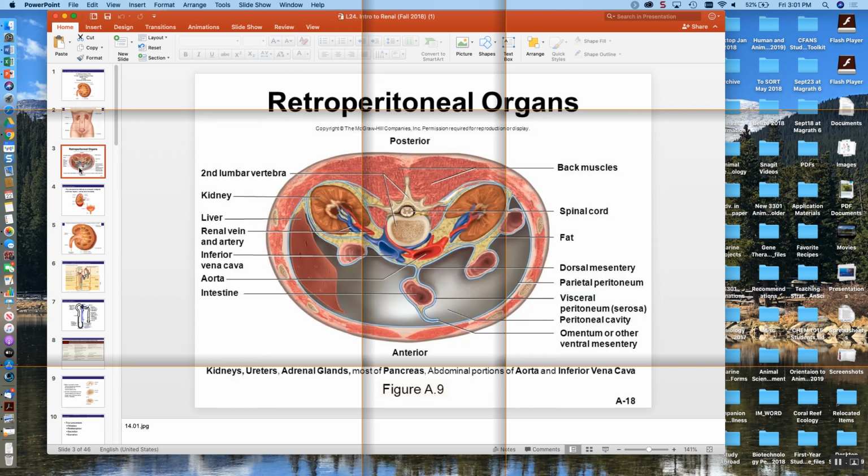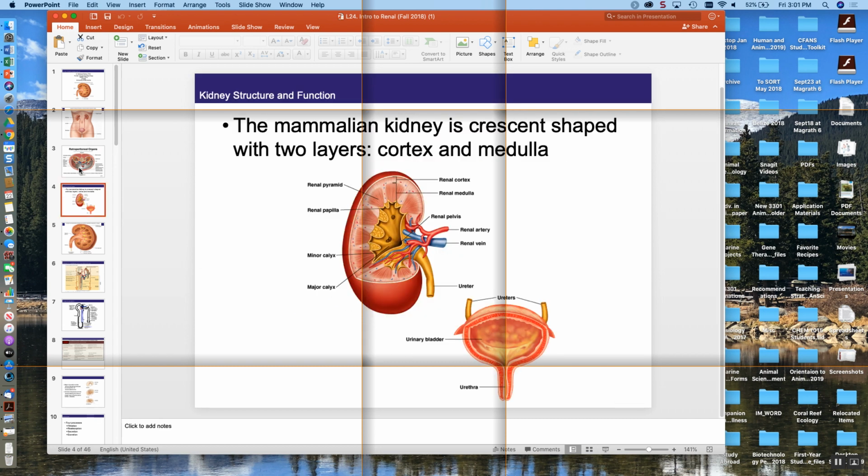And technically, these kidneys are retroperitoneal, which actually means that they're outside the peritoneal cavity. The peritoneal cavity kind of holds all of your organs in your abdomen in one sac, basically. The kidneys are outside that sac, the peritoneal cavity.